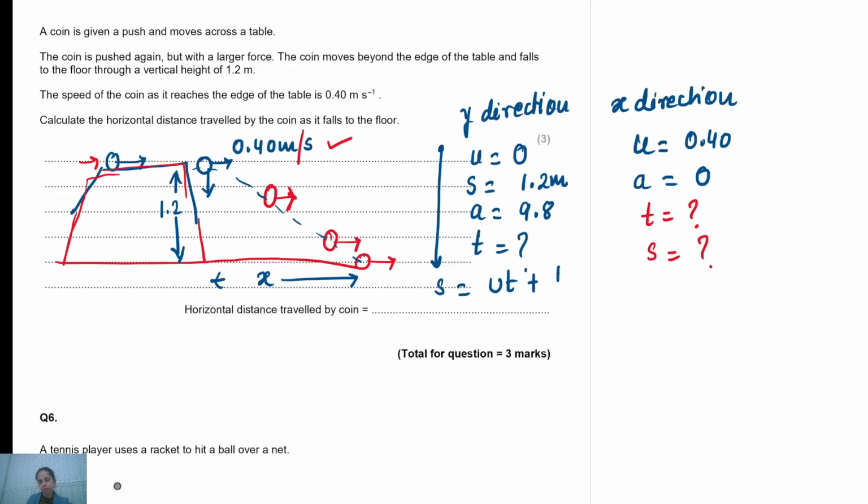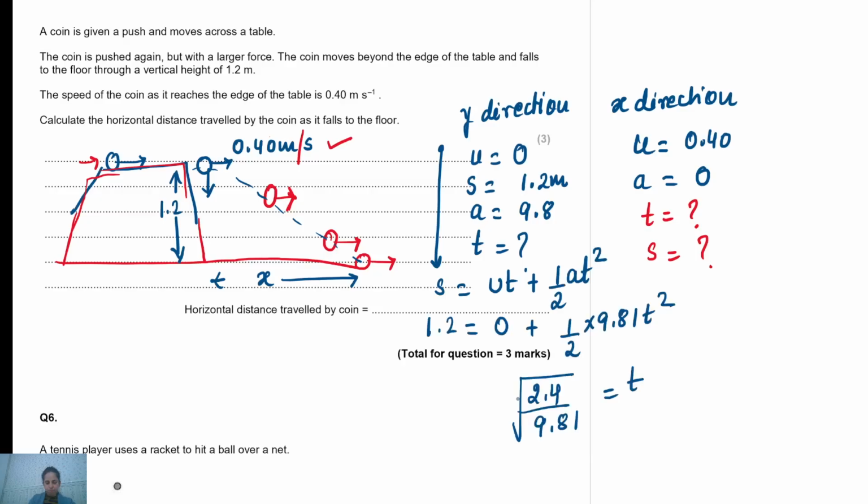So I have 2.4 divided by 9.81, and I'll have to take the square root of this, and whatever answer I get, I plug into my x direction equation and then calculate the answer. So this is coming as 0.495 seconds.